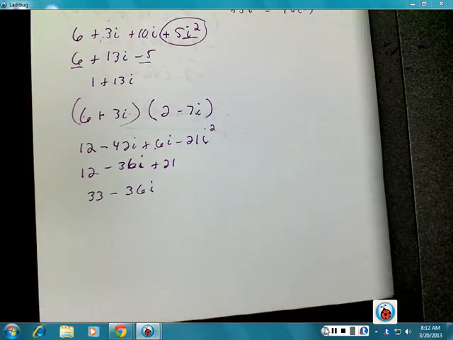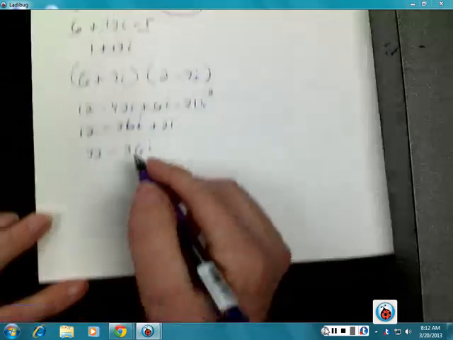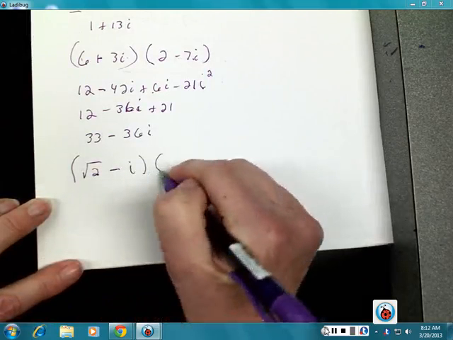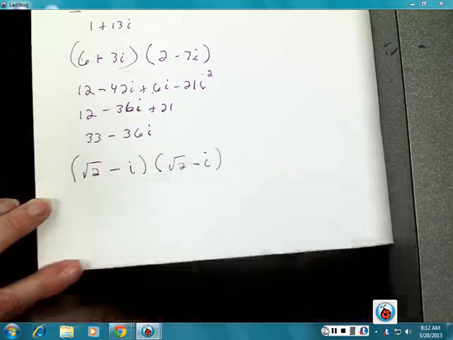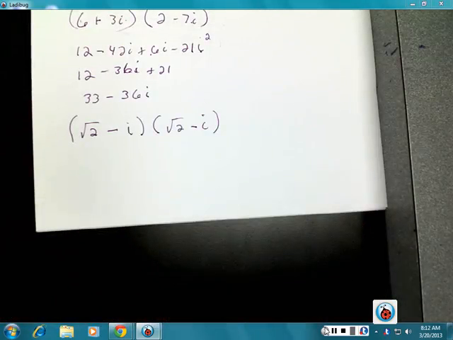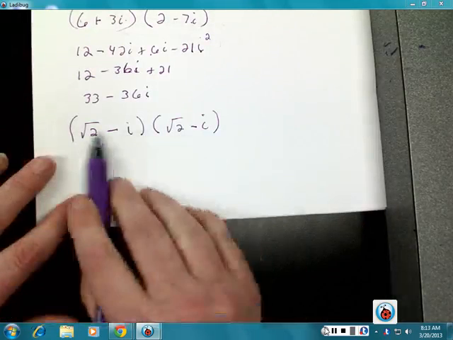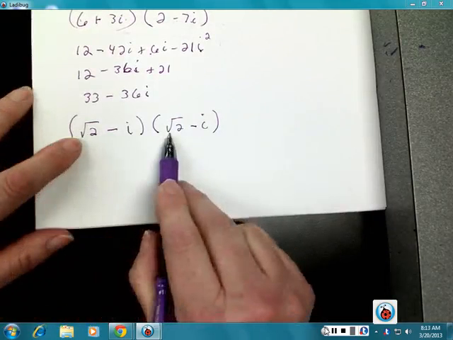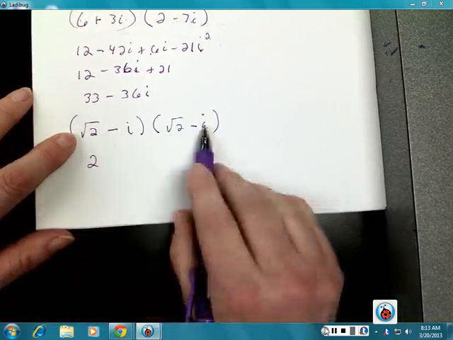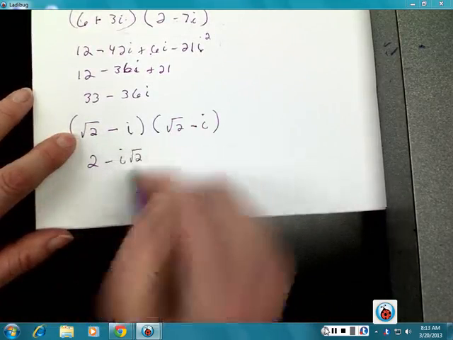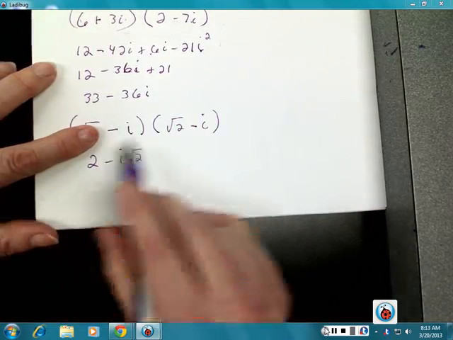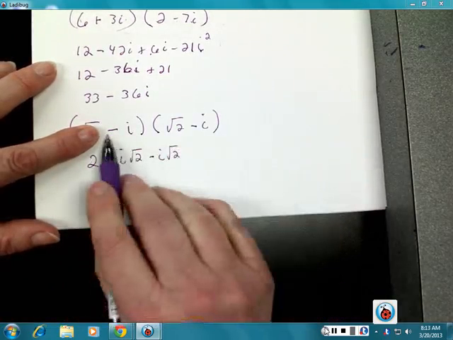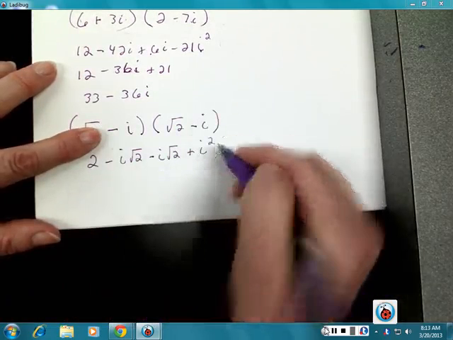If it's got a radical with it, such as the square root of 2 minus I times the square root of 2 minus I, what's going to come out of that one? It's a multiplication of like things here. Both of these are exactly the same. What's the square root of 2 times the square root of 2? 2. Okay. Square root of 2 times the negative I is a negative I square root of 2. Negative I times square root of 2 is another negative I square root of 2. And finally, a negative times a negative is a plus I squared.